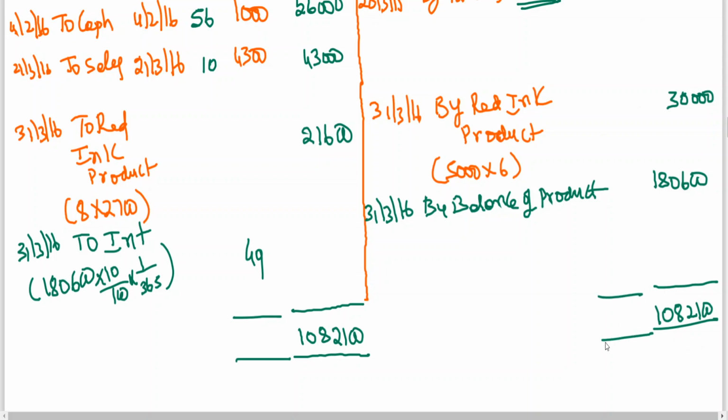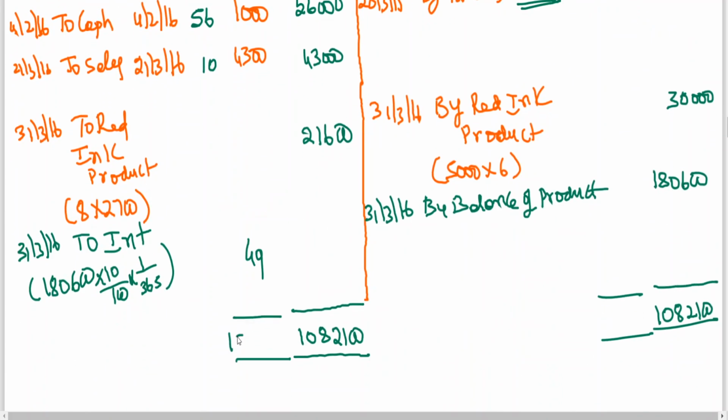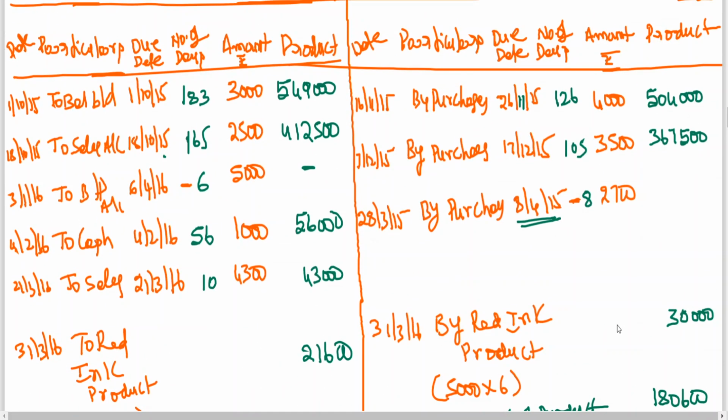You can go for the total of the amount now. 3,000 plus 2,500 plus 5,000 plus 1,000 plus 4,300 plus 49, that is 15,849. 15,849 minus 4,000 minus 3,500 minus 2,700.